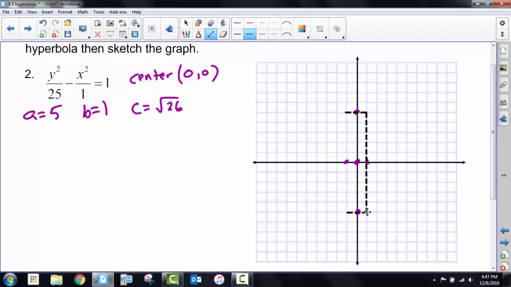It works the same way. So again, use the dashed lines and draw the rectangle that connects those 4 points, and then the diagonals from that rectangle give us the asymptotes for our graph.